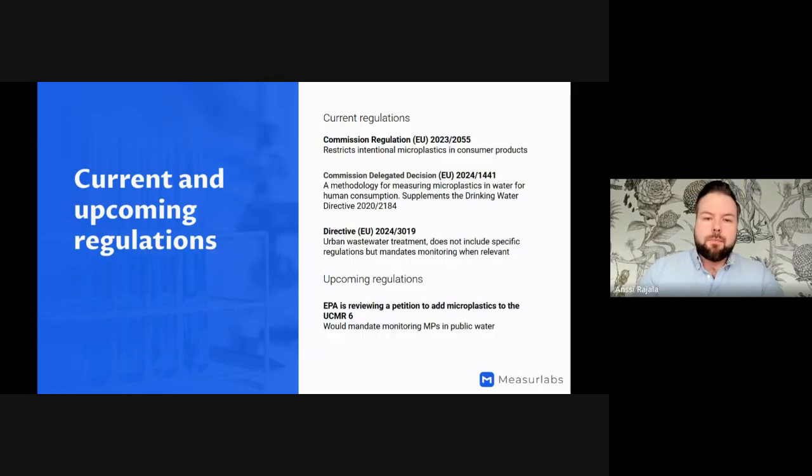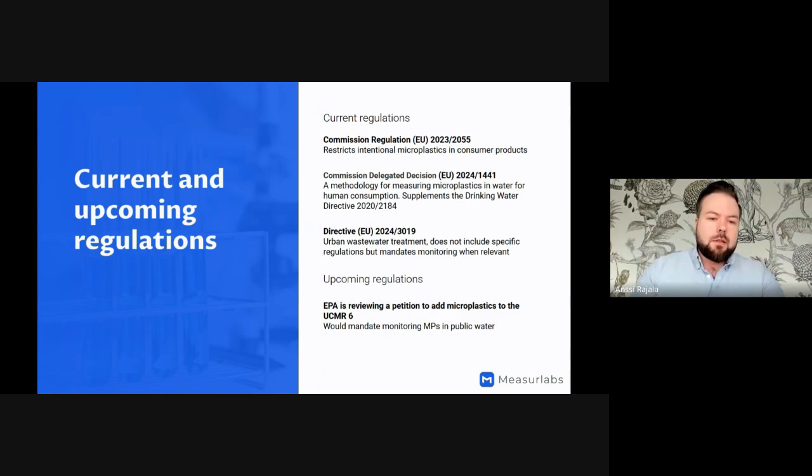However, it is important to point out that the regulation considers non-intentional microplastics, biodegradable plastics and water-soluble polymers to be out of scope of this regulation.